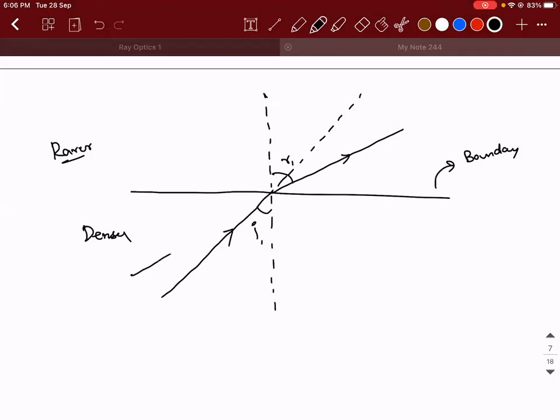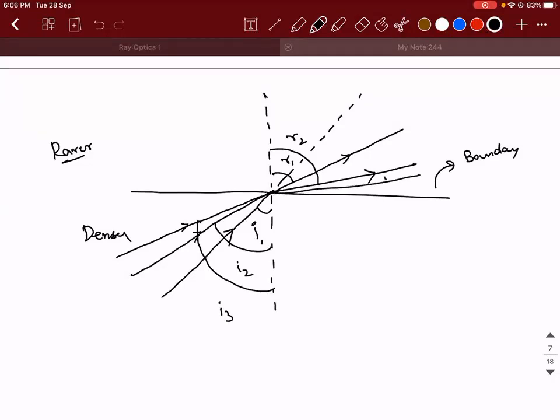Now what will happen if I increase the angle of incidence to I2? What will happen to the angle of refraction? It will also get increased to R2. Now, what if I increase the angle of incidence even more, let's say to I3? Then the angle of refraction will become R3.